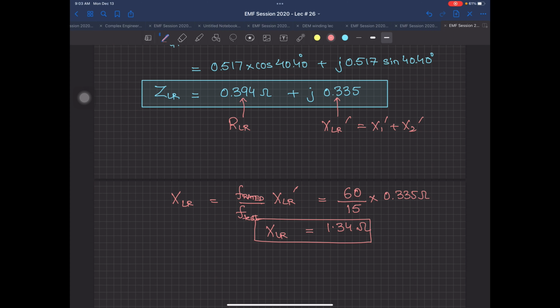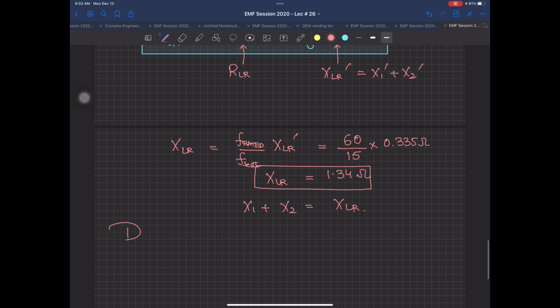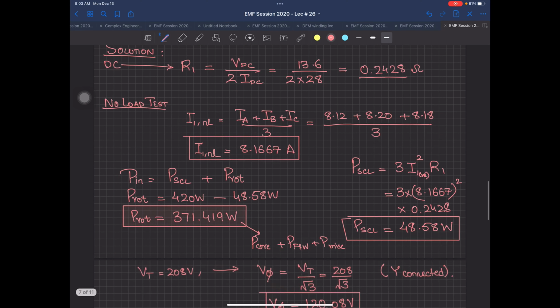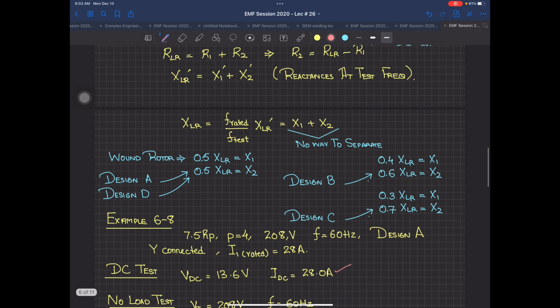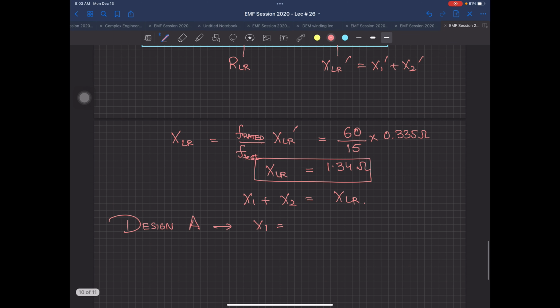Okay, so you have your XLR, and now you have X1 plus X2 equal to XLR. This is design class A, I guess, if I'm not wrong. So this means your X1, if I go back to my data over here, design class A, you have 0.5 and 0.5. So half of this, half of 1.34, would be 0.67 ohms.